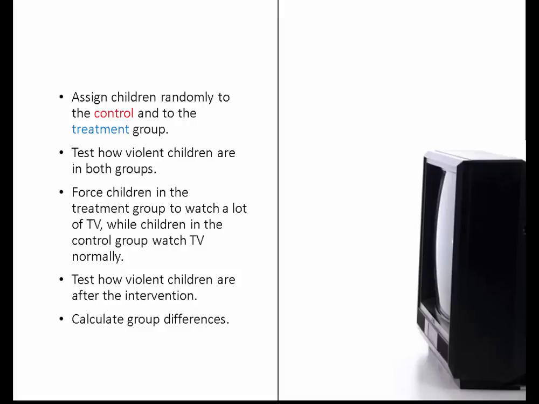And if you would find out that the children that you forced to watch more TV are more violent after you manipulated that, compared to what they were before, compared to those other individuals that you didn't force to watch TV, after compared to before, then you can be pretty certain that it's your manipulation, that it's watching TV that matters. And you do this testing before and afterwards, because there could be general tendencies. Maybe just when time goes on, something will happen to everybody.